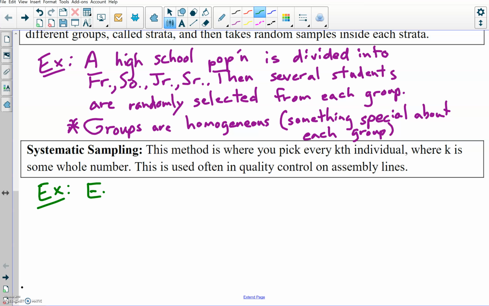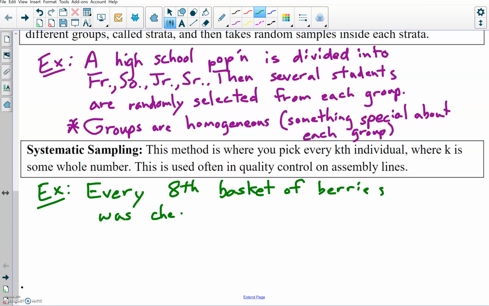So, for example, every basket of berries, or every 8th basket of berries, was checked for freshness. So that's what you're looking for when you're looking for systematic.